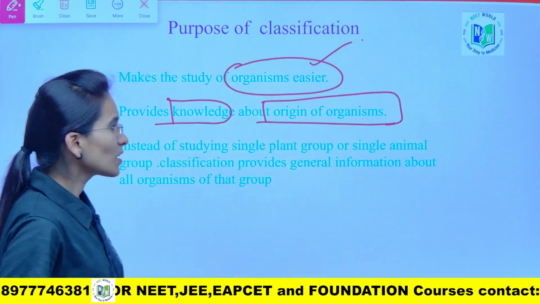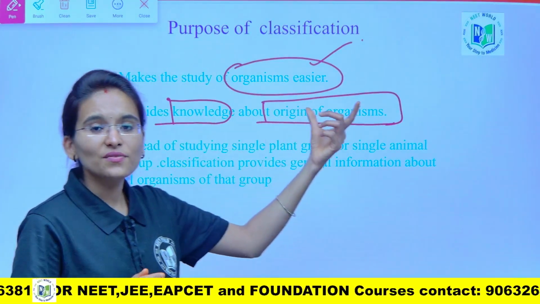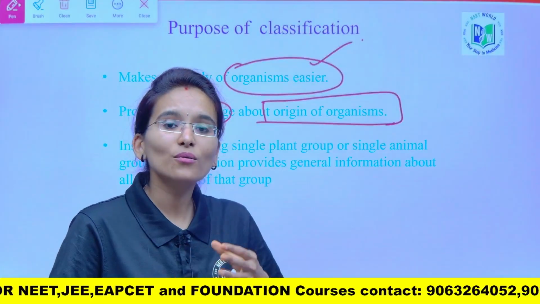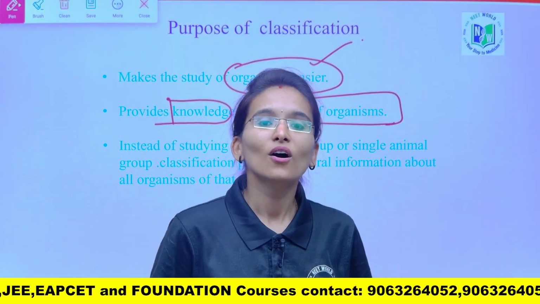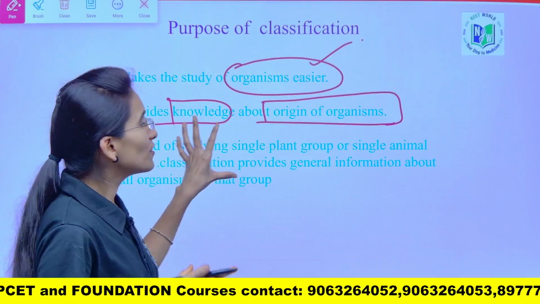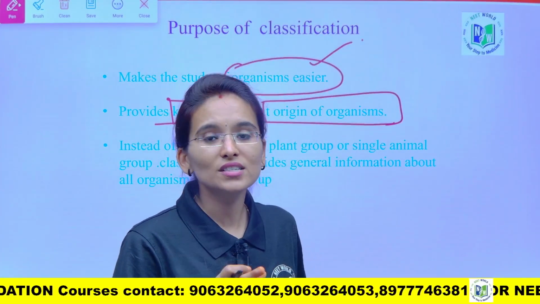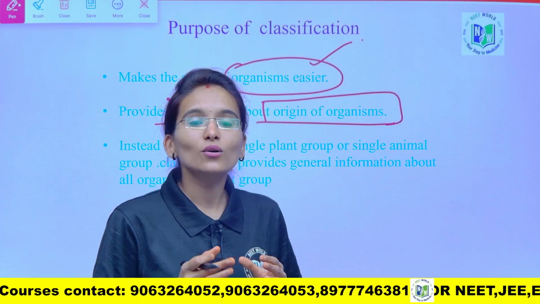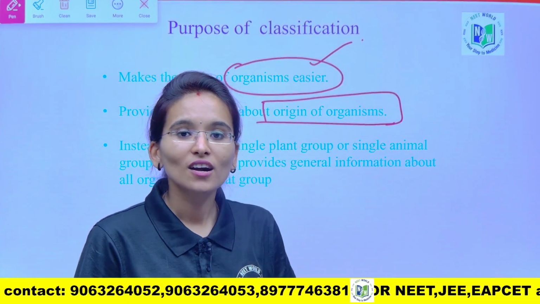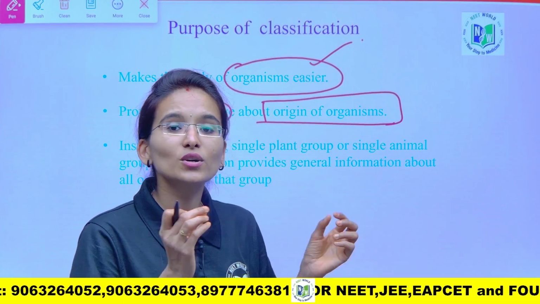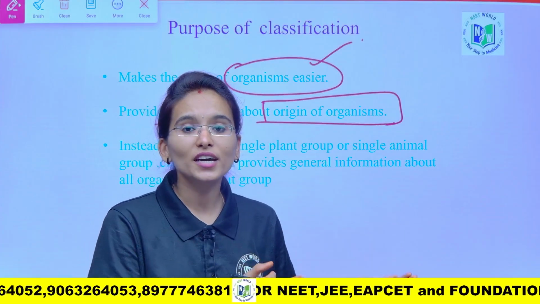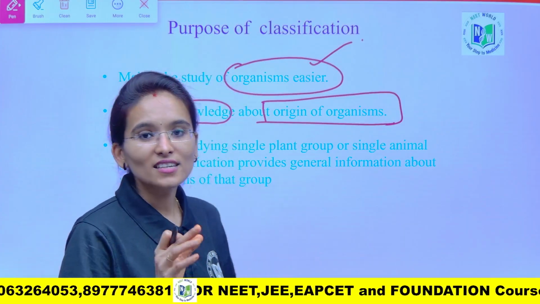When we classify, we also understand how that particular organism has originated. When we learn about the phylum Porifera, that is the first phylum where we learn only about the cellular level of organization, my dear students. So it shows the origin, from where to where it is considered.